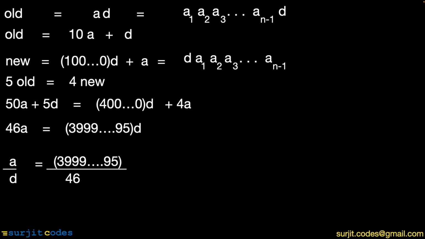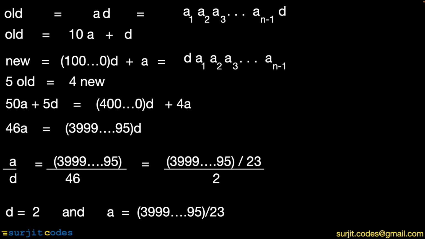Now, we notice that the denominator of the ratio is 46. We factorize it and retain only the single digit number in the denominator. It is clear that the only value of d is 2 and a is the ratio as shown here. This is where we use our logic. According to the definition of the problem, a cannot be a fraction.